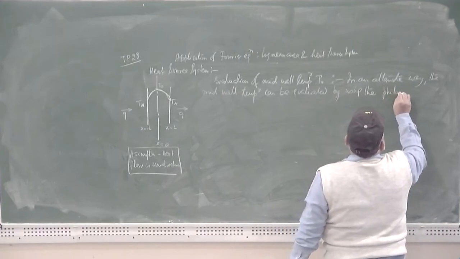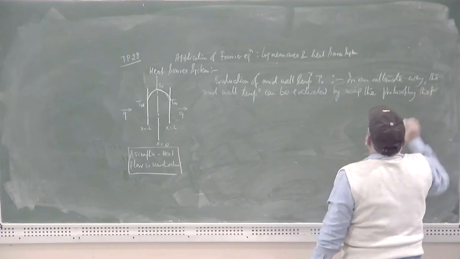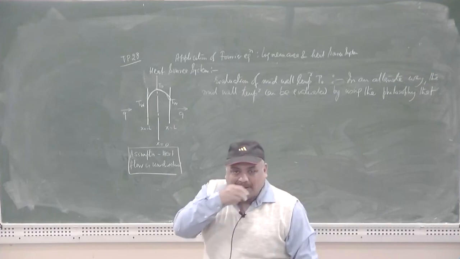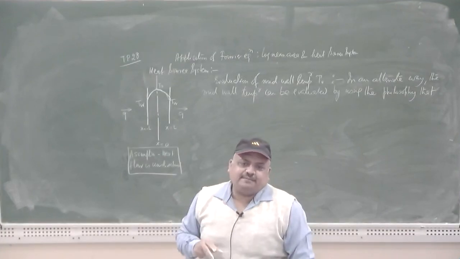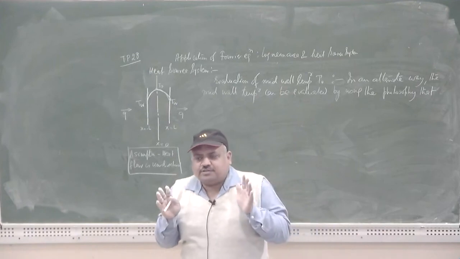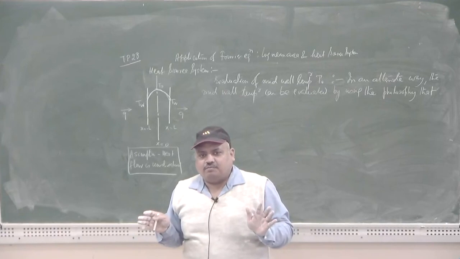that whatsoever the amount of heat generated in the system, because I have said that this system has a heat source which is distributed uniformly throughout the entire bulk of volume.